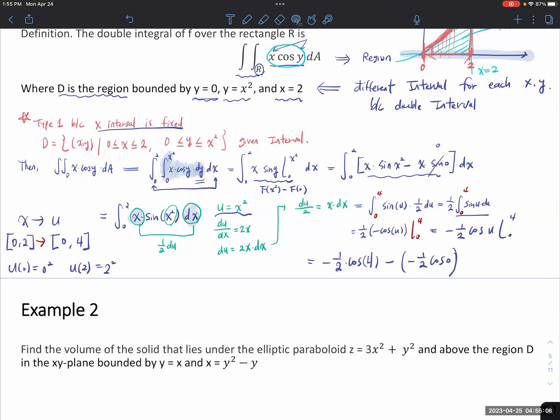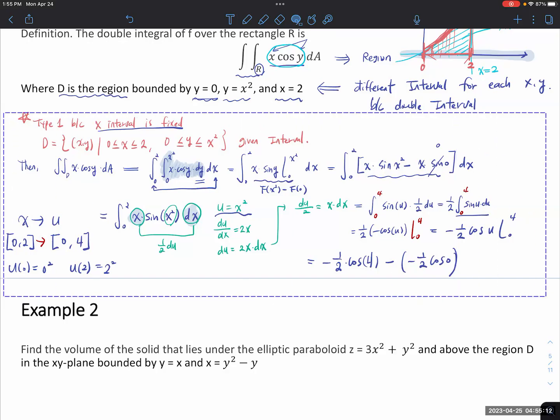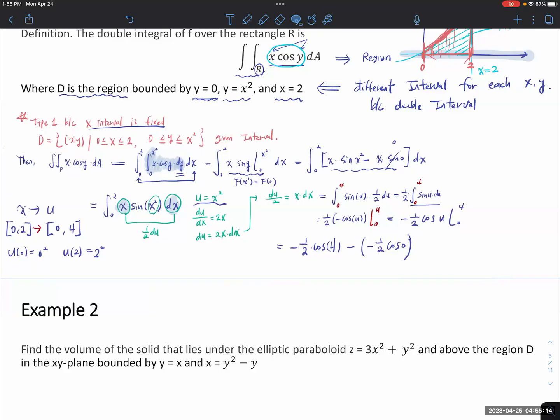We cannot use a decimal for cosine 4, so I'm just going to keep using that, but this is going to be definitely 1. So negative 1 over 2 cosine 4, and the double negative changes to plus 1 over 2. So that's the answer.